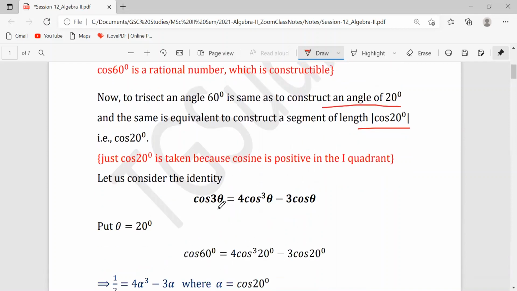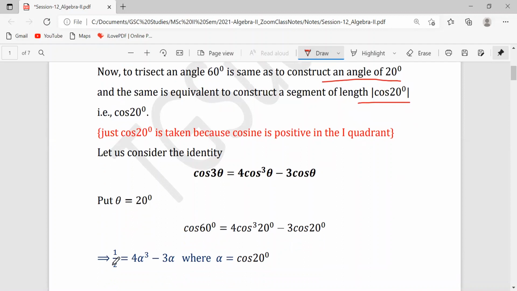On the left-hand side we get cos 60 equal to 4 cos cube 20 minus 3 cos 20. Since cos 60 is half, let us replace cos 60 by half and substitute cos 20 equal to alpha. So we get half equal to 4 alpha cube minus 3 alpha.